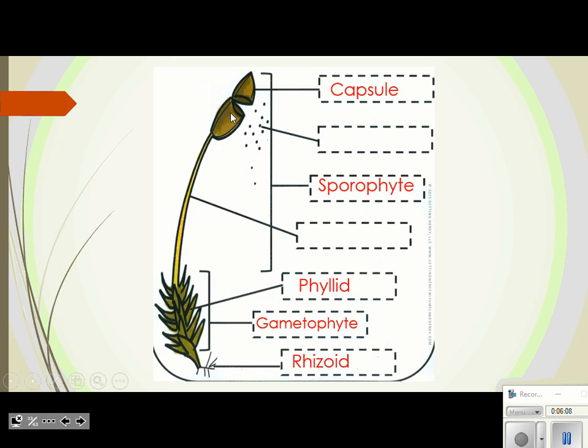The sporangia is where the spores are made, and then they are expelled out of this capsule. So all these little black dots that I'm seeing right here represent spores.